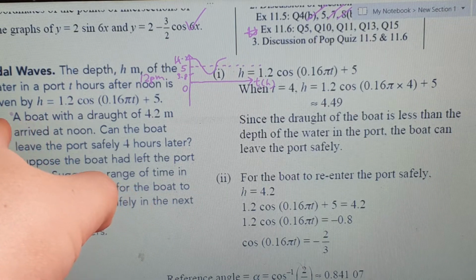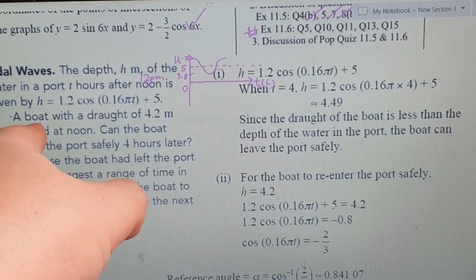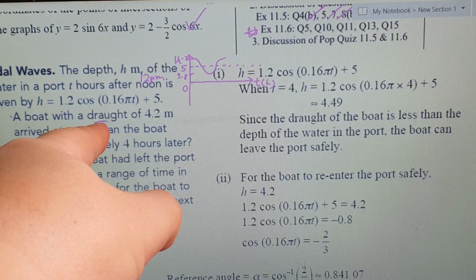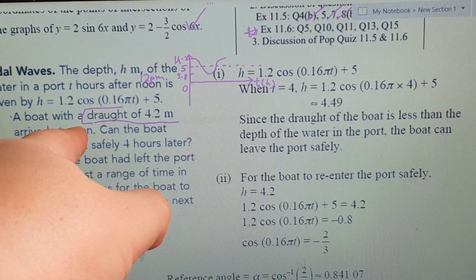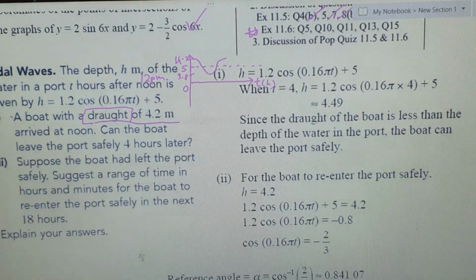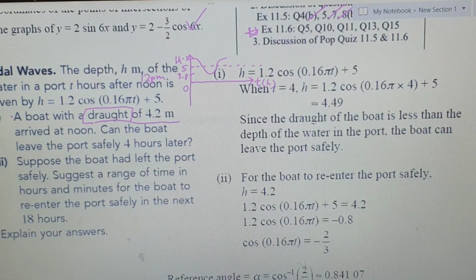And in part 1, they say that a boat with a draught of 4.2 meters. Now, what does this draught mean? It means that, let's say this is the water level, this is air, this is water, and this is the sea base.